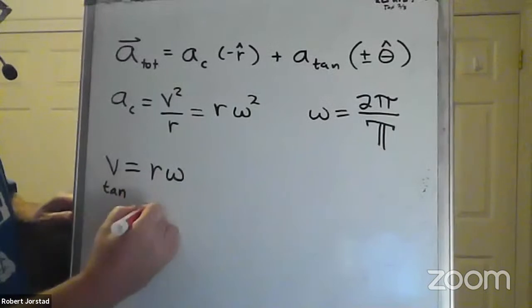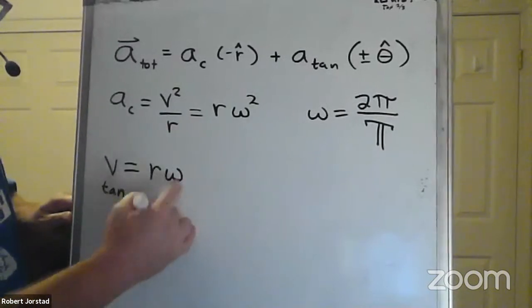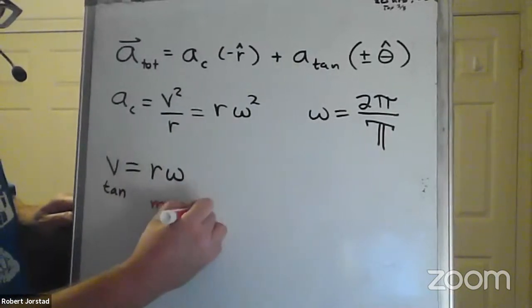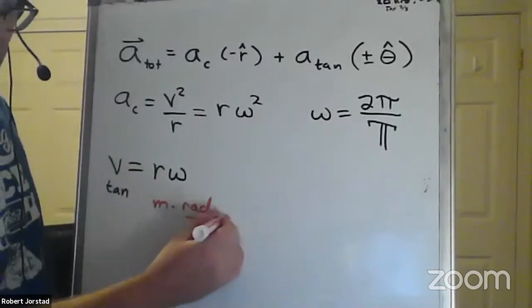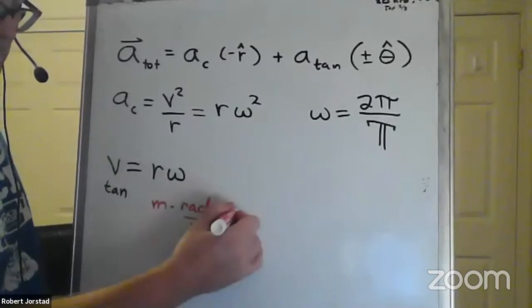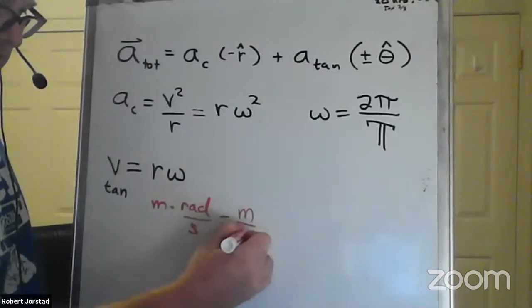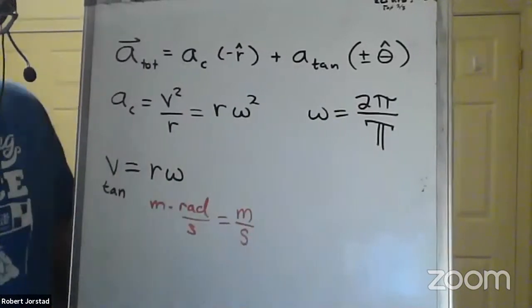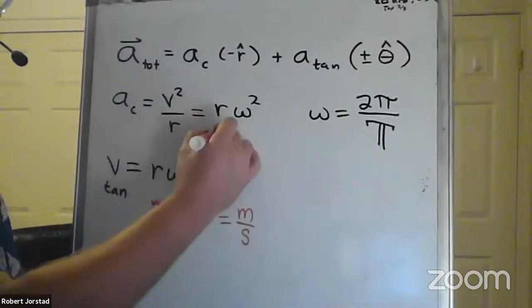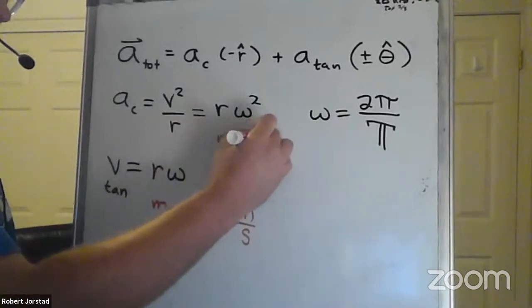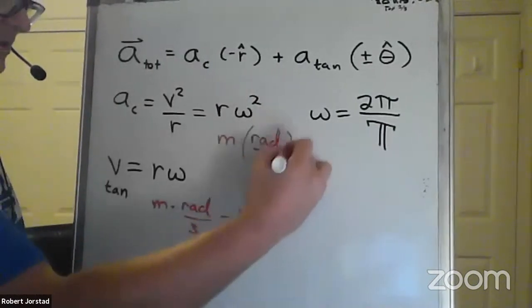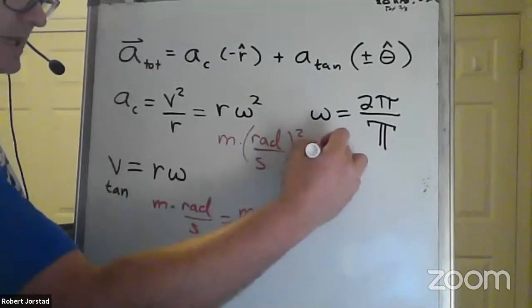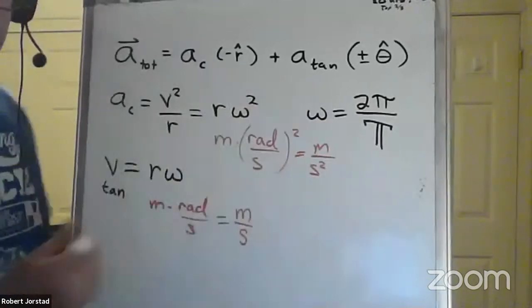So radius has units of meters. Omega is in units of radians per second. Now, when you multiply anything times radians, it's just a placeholder. It gets absorbed. We get meters per second. Whereas up here, we get meters times radians per second quantity squared. We get meters per second squared, as we should.